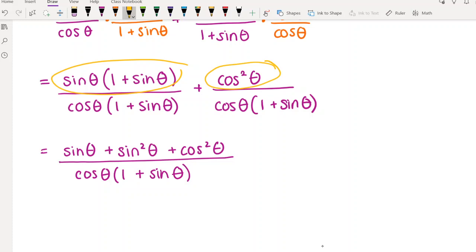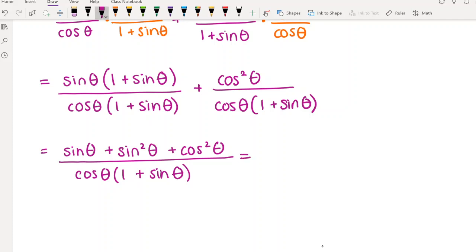And we know that sine squared plus cosine squared is equal to 1. So I figured, if we distribute this sine, then that will help us see how we can combine our cosine squared and our sine squared. Whereas in the denominator, you're not really going to get anything special by distributing this. So I just chose to leave it undistributed, and that will actually make it easier to simplify in our last step.